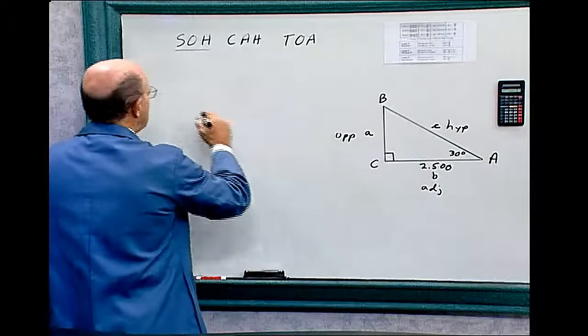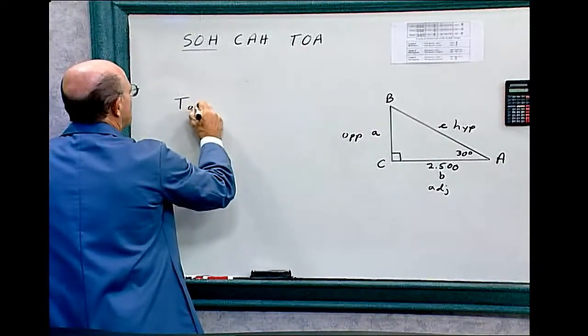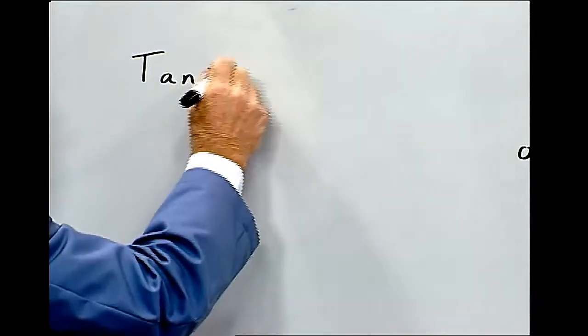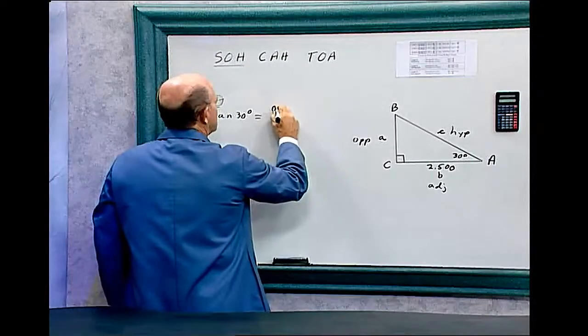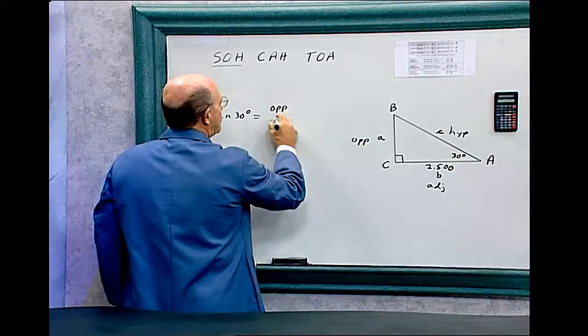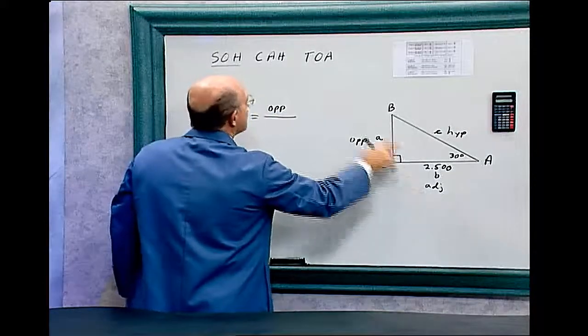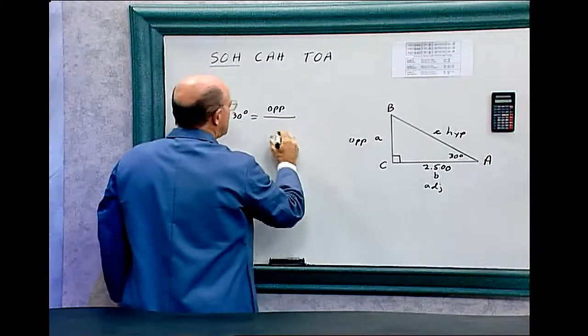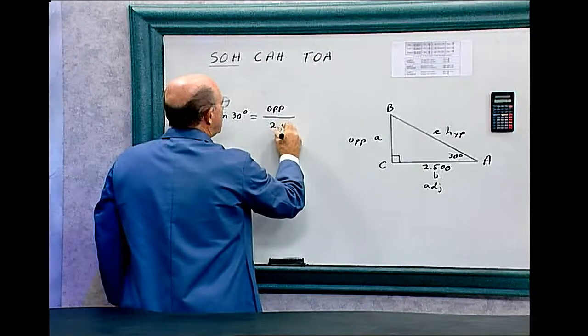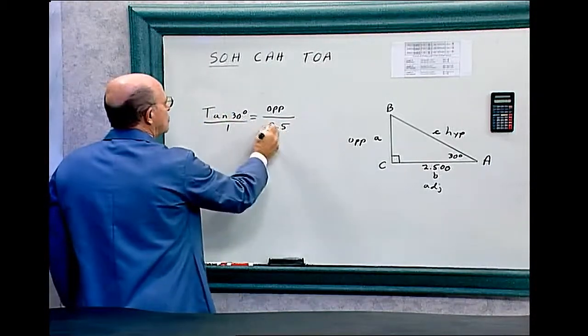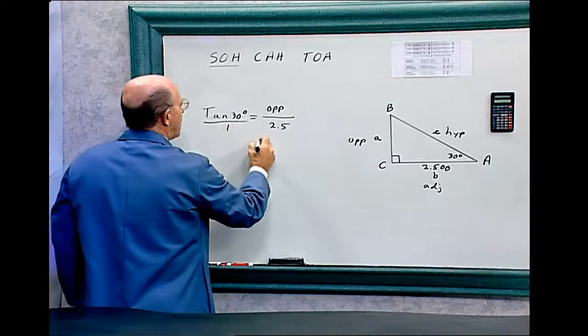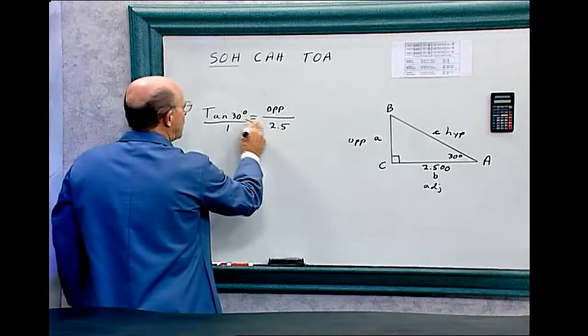So tangent of 30 degrees equals opposite, that's the unknown, divided by adjacent, which is 2.5. And then we just do cross multiplication here.